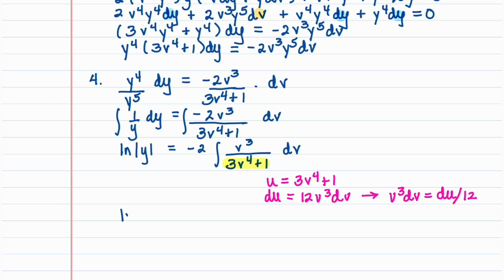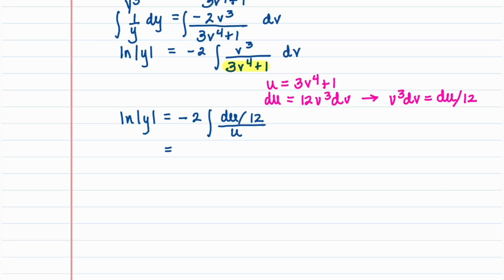On the left, we still have our natural log absolute y, and now we have minus 2 times the integral of du divided by 12 up on top, and then we just have a u on the bottom. This gives us a minus 1 over 6 natural log absolute value of u. And then let's plug in what our u is. Our u was 3v to the 4th plus 1. And then let's not forget to add on our arbitrary constant, and I'm going to call that c1.